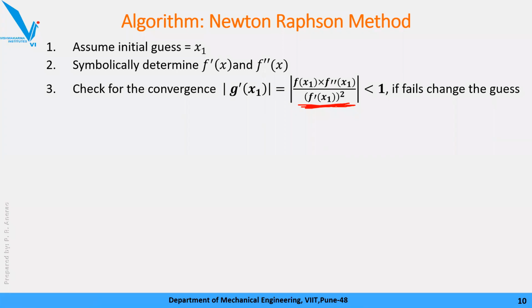If this criteria fails, you have to go back to step number 1, change the initial guess, take the new initial guess, and again follow up to this. You have to do this many times until you reach a condition where g dash of x1 is less than 1. As soon as it is less than 1, that means your initial guess is correct, you can proceed for the next step.